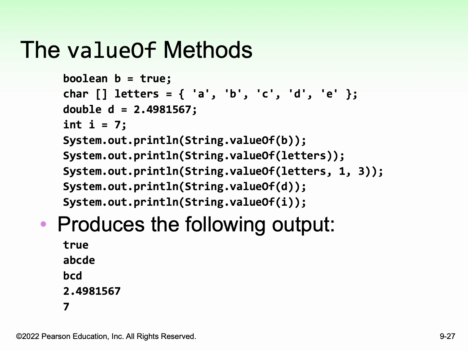If we use valueOf on all of these variables and arrays, everything that's returned to us is going to be a string. So all of the output that you see under "produces the following output" is actually strings and not whatever we assigned these variables initially. So not Boolean, not character array, not double; all of these are strings now.